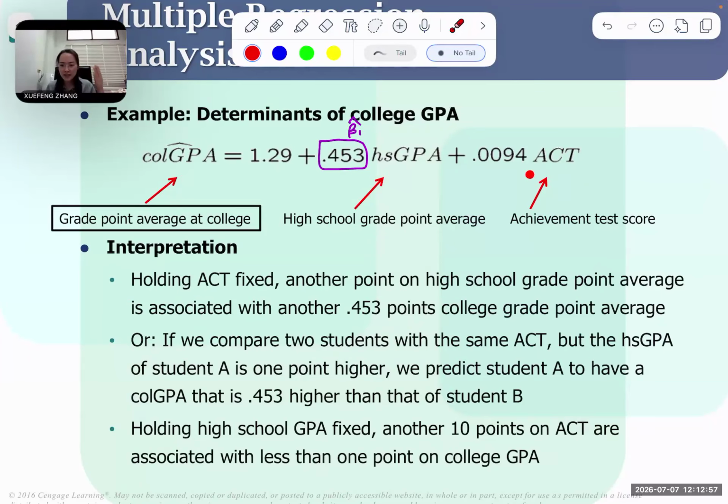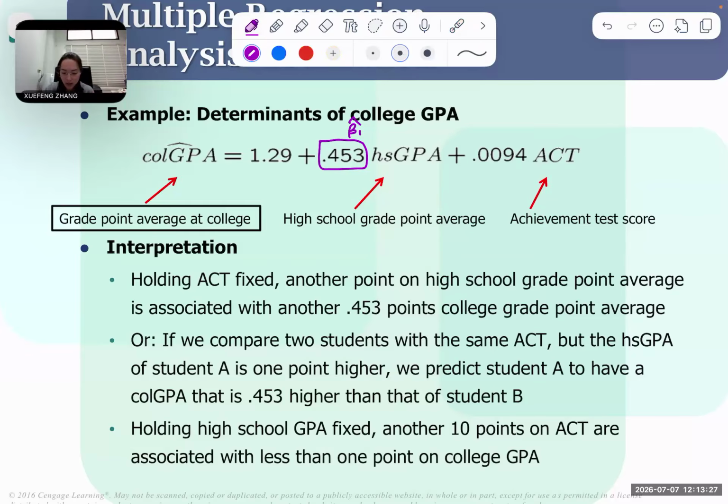They have the same ACT score, but student A's high school GPA is 1 point higher than student B's. Our prediction is that A's college GPA will be 0.453 higher than B's, okay? Because we assume the same ACT. That's the ceteris paribus part in action with real students.